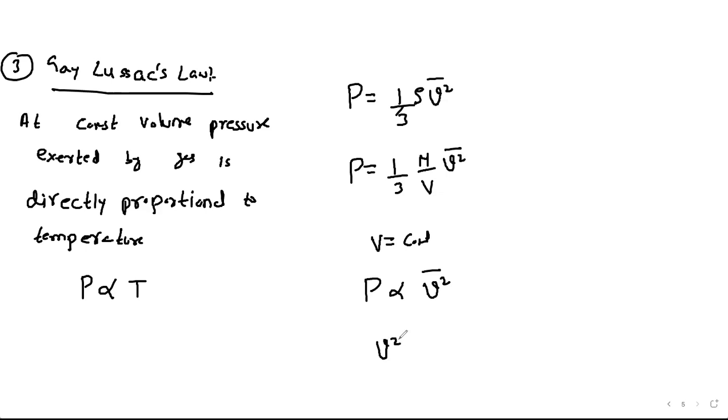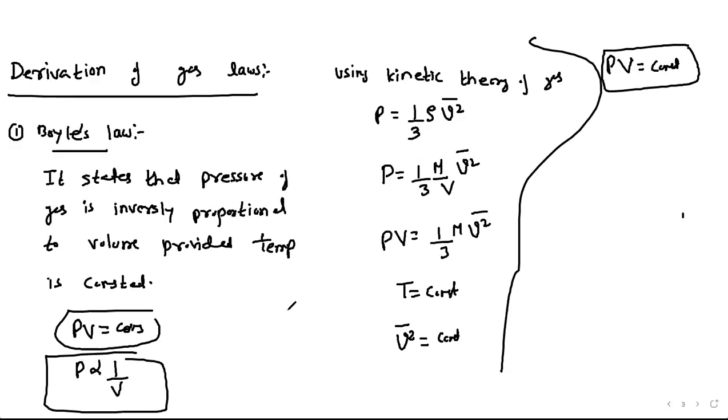Next, v square bar is proportional to temperature. That means your pressure is proportional to temperature. This is how we derive this third gas law using kinetic theory of gas. Okay, now note it down, everything. You can derive all gas laws that you have studied in chemistry using this kinetic theory of gas. Everything comes from here.